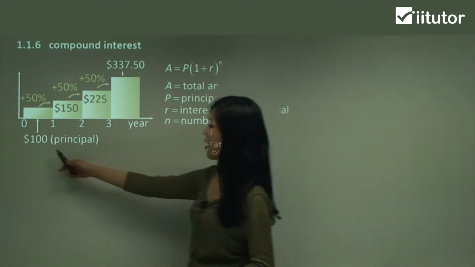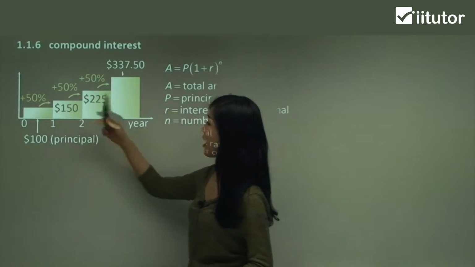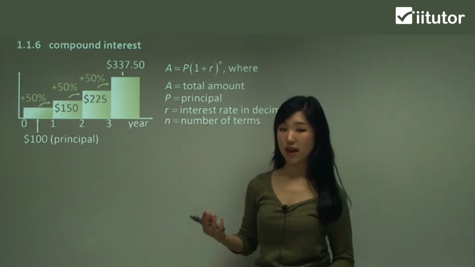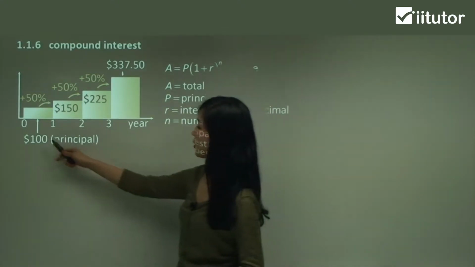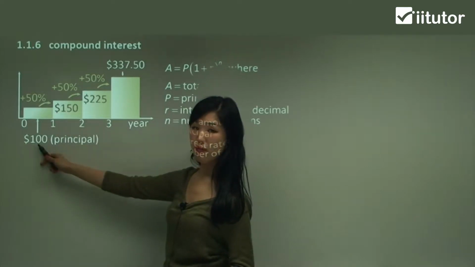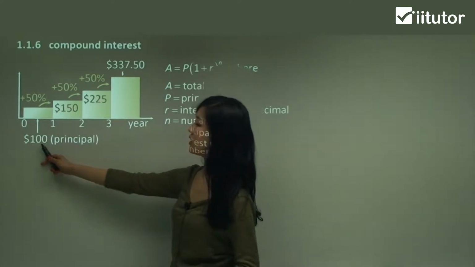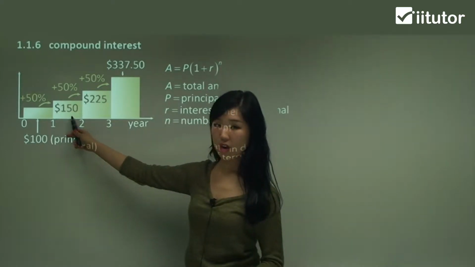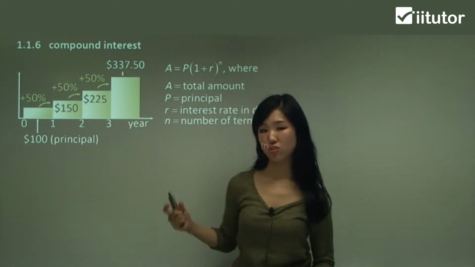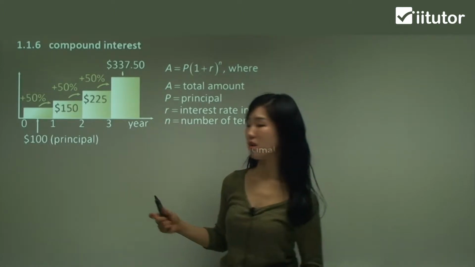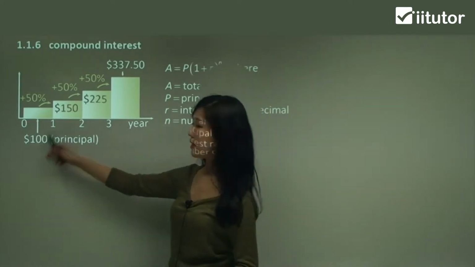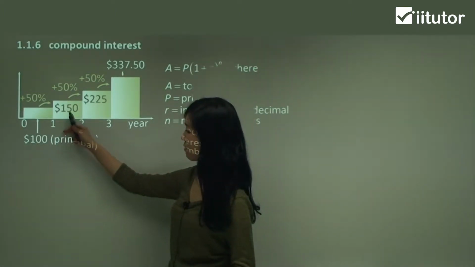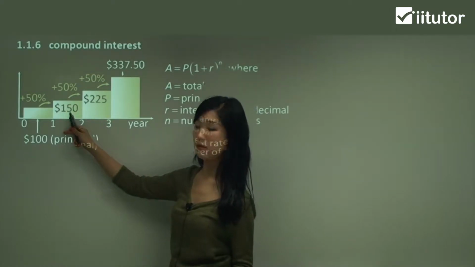So $100 is the principal and our interest rate is 50%. So I charge 50% of the $100, so our new value becomes $150, because we're charging 50% interest. So $50 interest is added on top. So at our second period, it becomes $150.